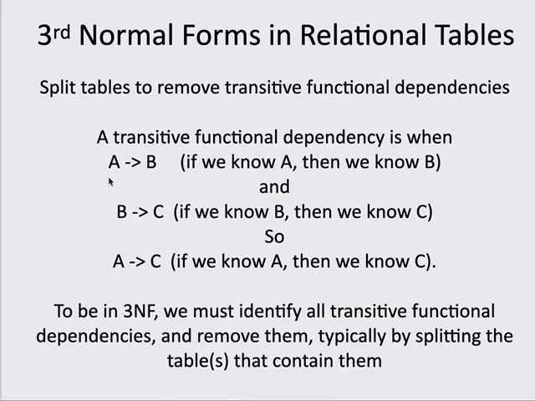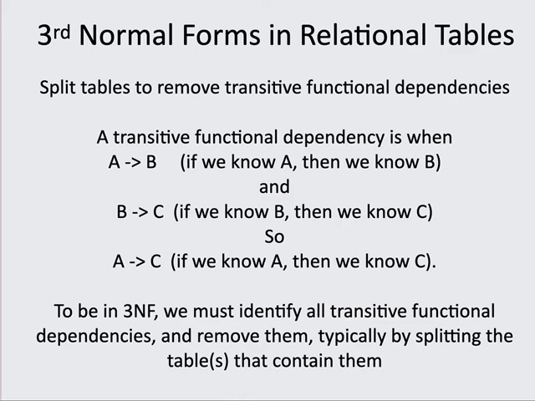Now, that means we need three things in this train of transitive functional dependencies. And what we want to really do is identify things that are functionally dependent on non-key attributes. That's really how we get rid of these. If you find things that are dependent on non-key attributes, split those tables.